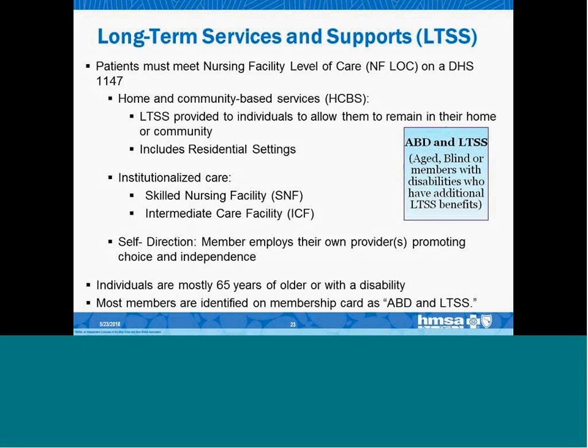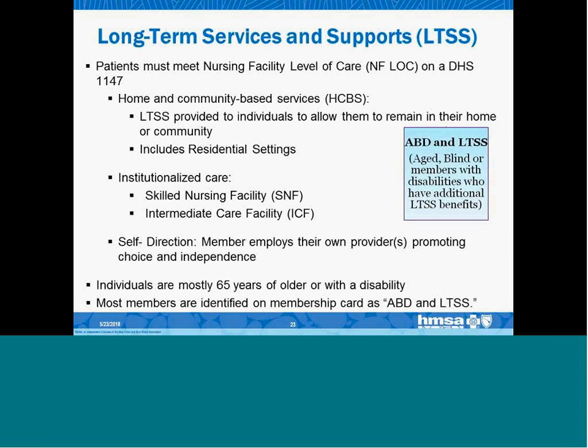Long-term services and supports are available for members that are at nursing facility level of care. Providers or service coordinators must complete the DHS Form 1147 Level of Care form for Quest Integration patients who may need nursing facility care or additional support to remain in their home or community.